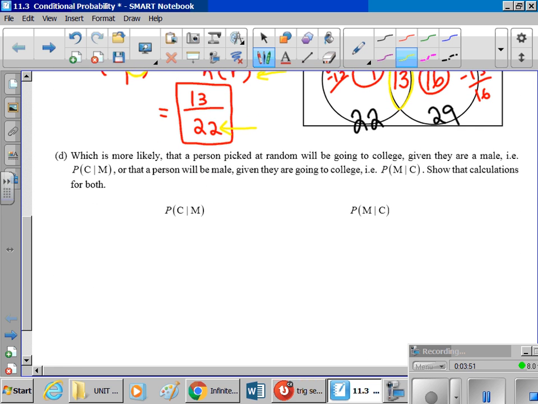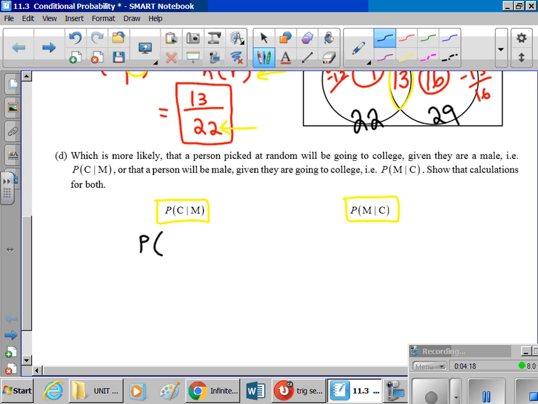So this is basically what I was just talking about. Which is more likely, that a person picked at random will be going to college given they are male, which is this one right here, or that a person will be male given that they're going to college, which is this one. And you might think that they are the same, but they're really not. So remember what I just said, what this formula is.